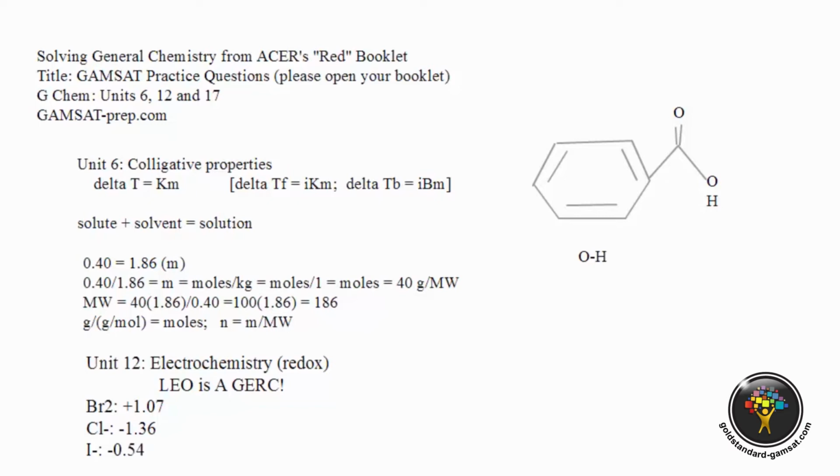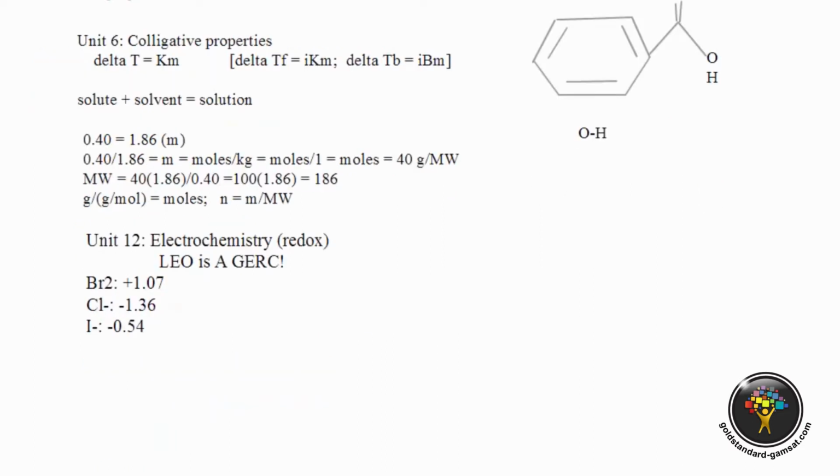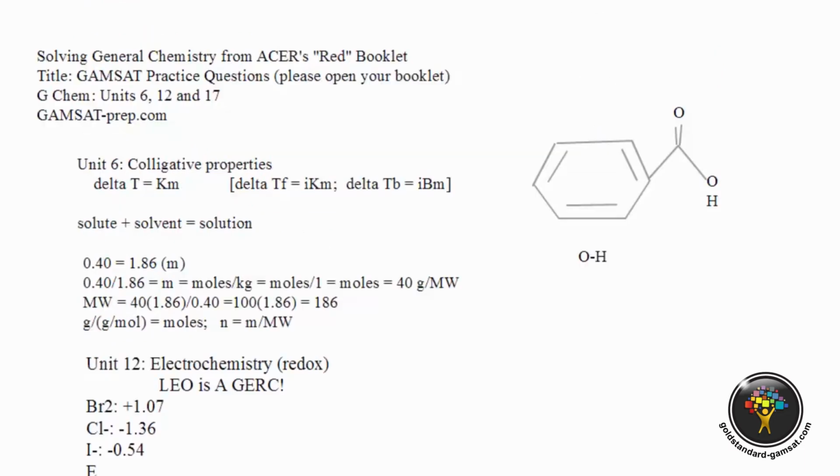Now, if we have plus 1.07 and minus 0.54, if we have these two reactions occurring together, then we end up with a final of plus 1.07 minus 0.54. So that would be plus 0.53.